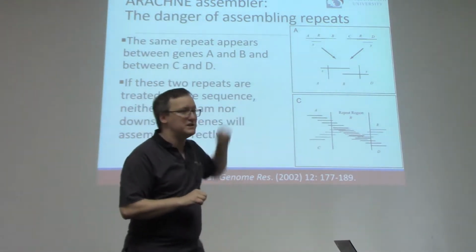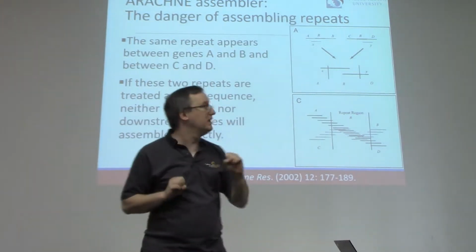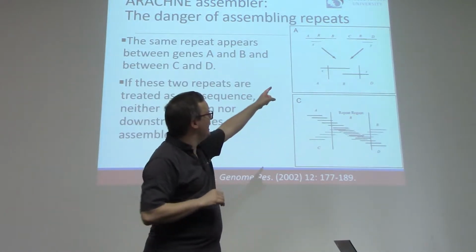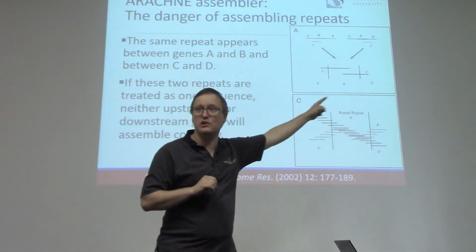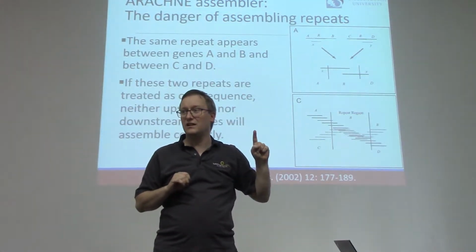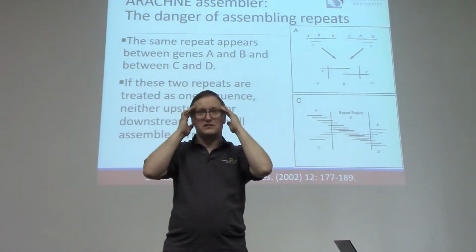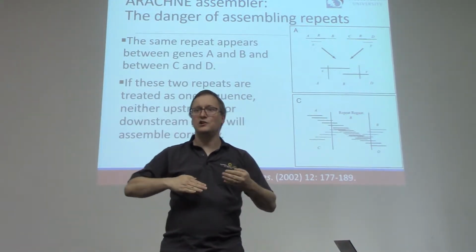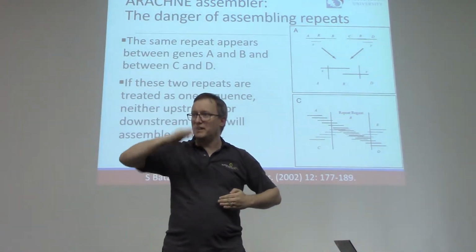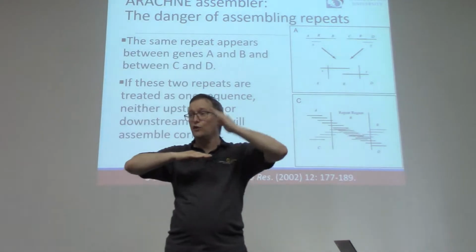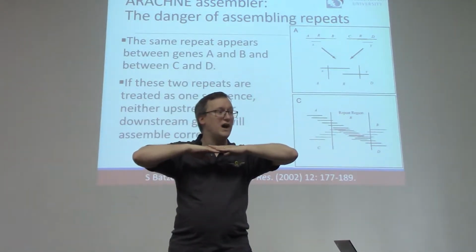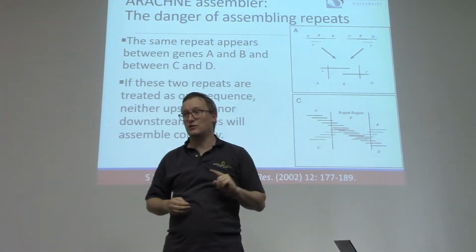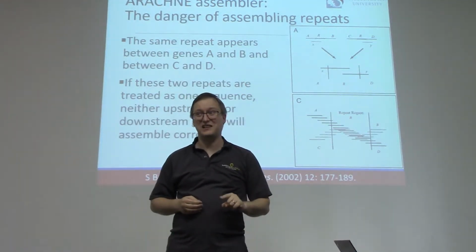And then over at the right, we see that read Y is from a totally different part of the chromosomal DNA, and it starts in the repeat and continues on through gene D. Now, if you're using this kind of simple approach to assembling these reads, you might say, a little bit of read X overlaps with read Y. And you might mistakenly think that gene A is next to gene D. Do you see the problem?